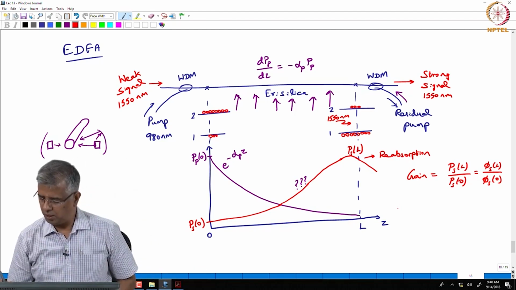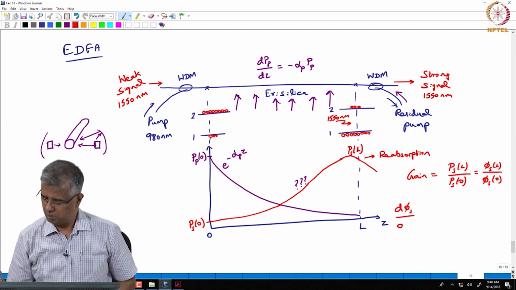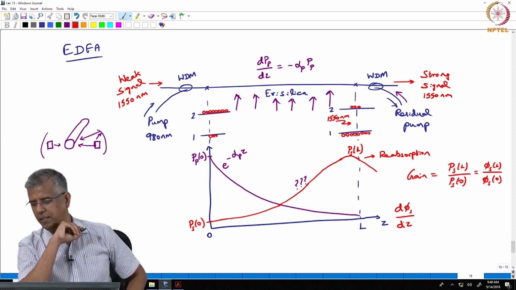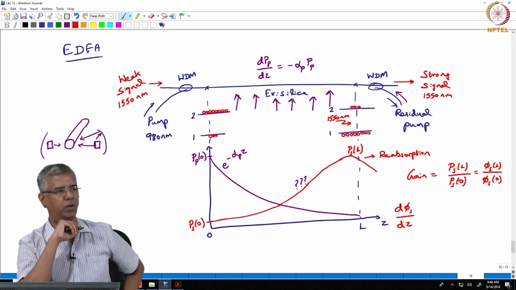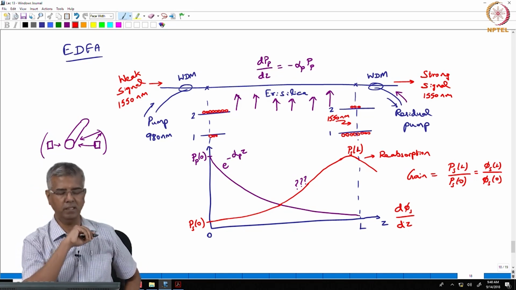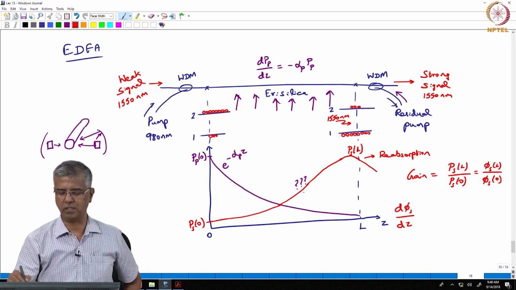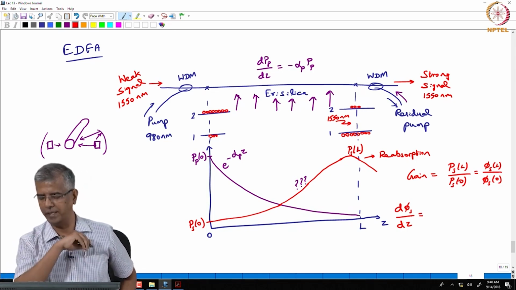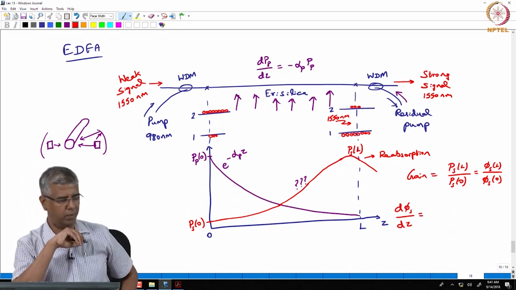What we can do now is write an expression for d phi s over dz, because that describes how my signal flux varies along the length of the fiber.